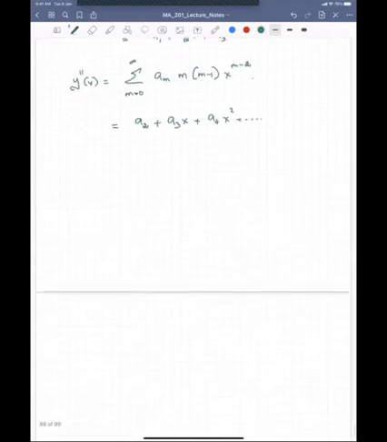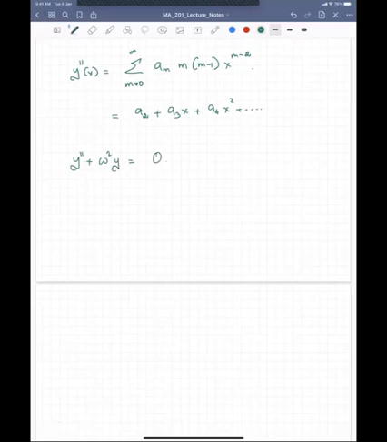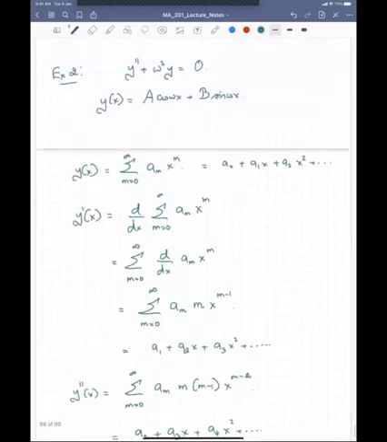So let us go back to the differential equation. y double prime plus omega squared y equals 0. I will write this as the sum from m equals 0 to infinity of am m (m minus 1) x to the m minus 2, plus omega squared times the sum from m equals 0 to infinity of am x to the m, equals 0. Now again, I want to do essentially the exact same trick as the first order problem.